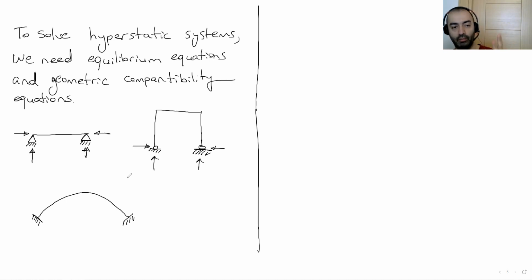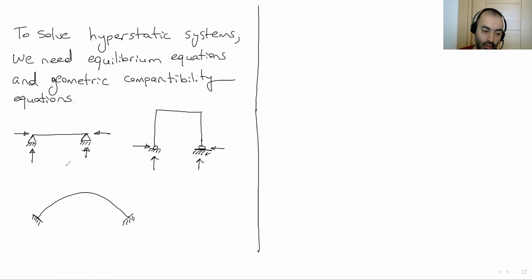So here we use geometric compatibility equations. It's the same for the frame. You can see 4 unknowns, and we have 3 equations.